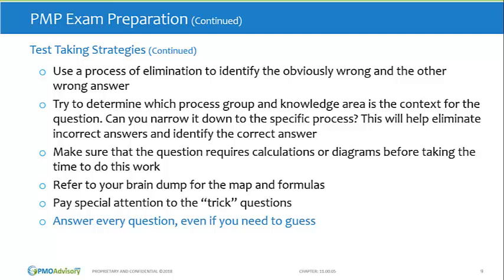Unnecessary time with calculations and diagrams will reduce your efficiency. Use your brain dump and refer to it for the process map and formulas. Pay special attention for the trick questions and try to avoid any landmines there. Finally, answer every question, even if you need to guess.